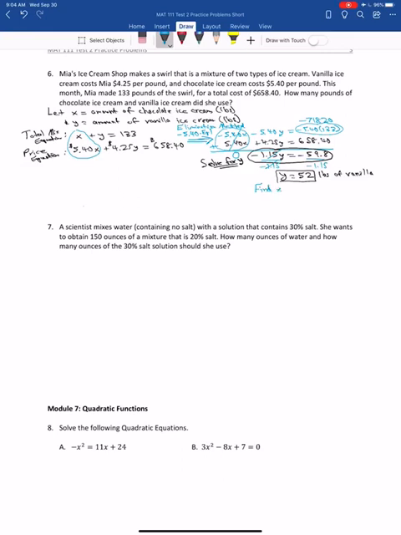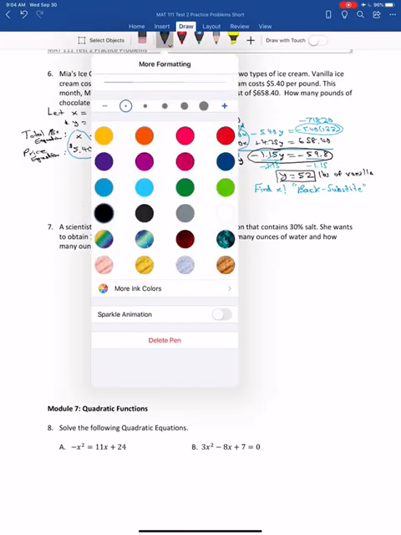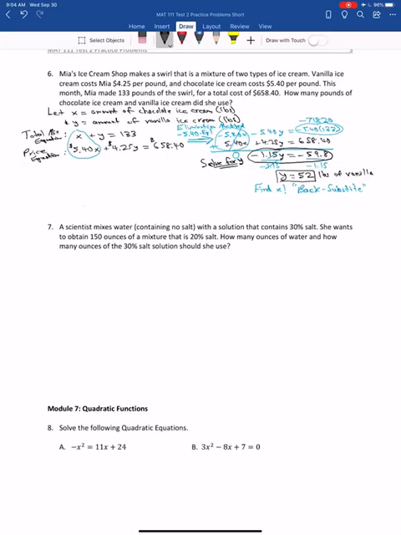Now to find x algebraically, this is what I call my back substitution step. We go back up and plug into one of our original equations. For example, we could go back to our original equation. We had an equation 1 that read what? X plus y equal 133. So I'm going to write that down.